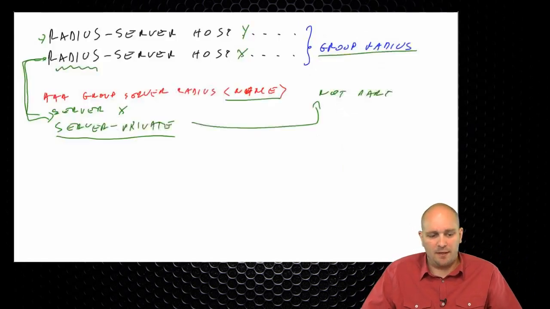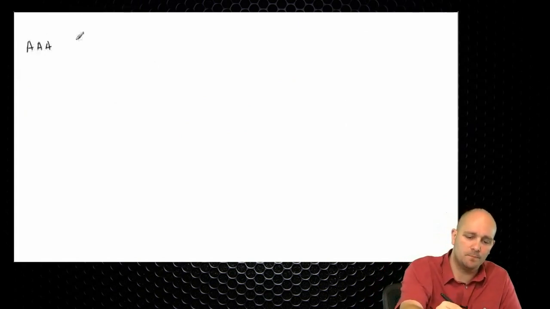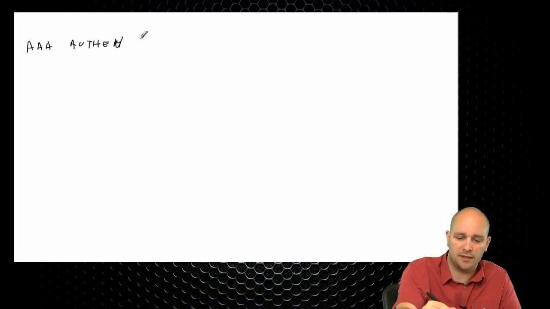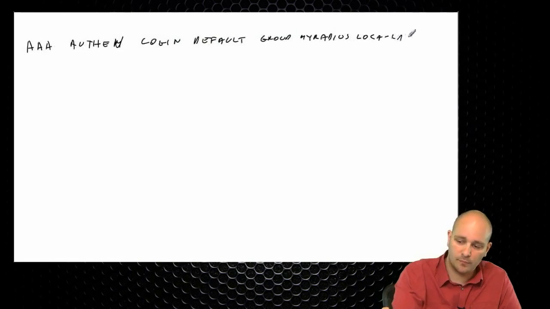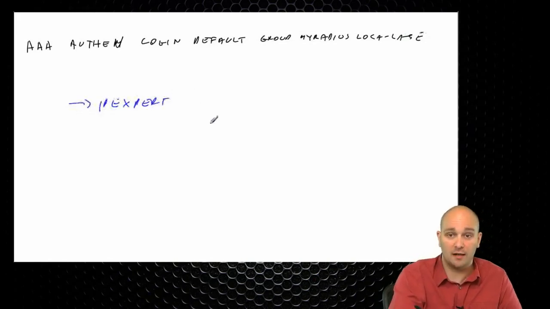This is tricky because what's going to happen is if I have my command defined as, say, AAA authentication login, let's say default, and I say group my radius and then local case, what's going to happen is, let's say that the user IP expert attempts to log in.